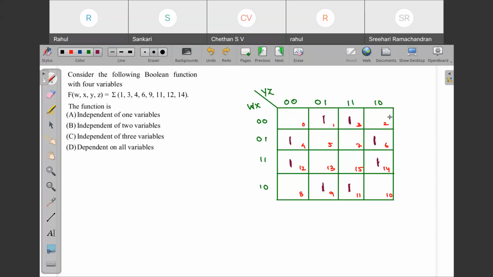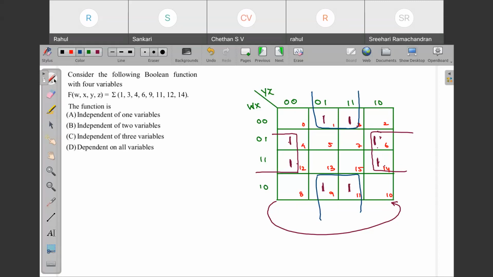Because in gray code usually there is a change of one bit, or basically it is a cyclic code. Sorry, reflective code. So if I join this point with this point in a cylindrical manner, these two cells will be adjacent to those two cells. So this will be one group of 4 and another group of 4 will be this one.